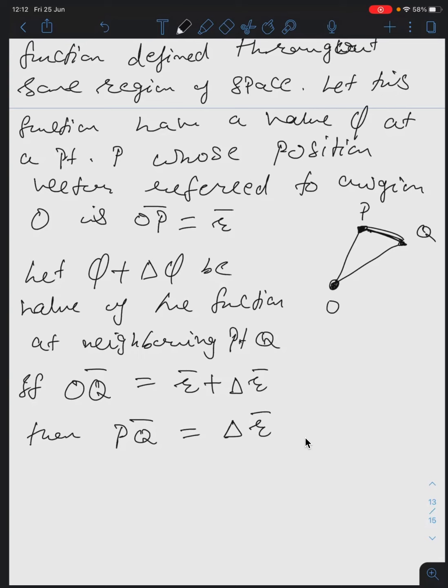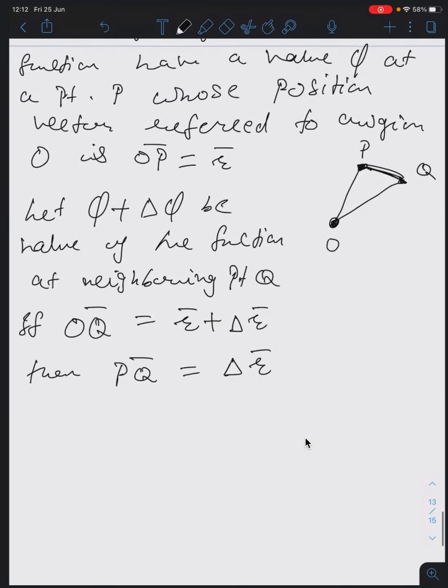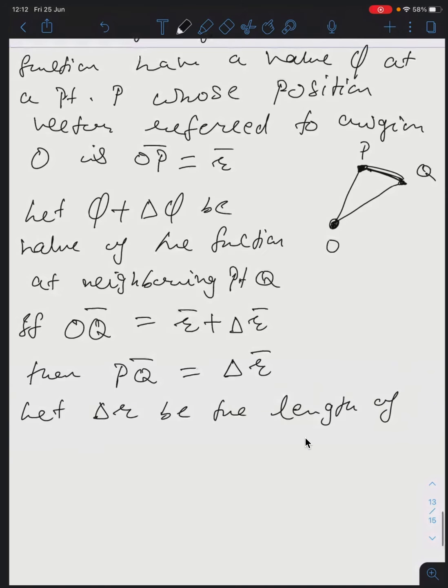Now let del R, without a bar, be the length of this vector del R bar.